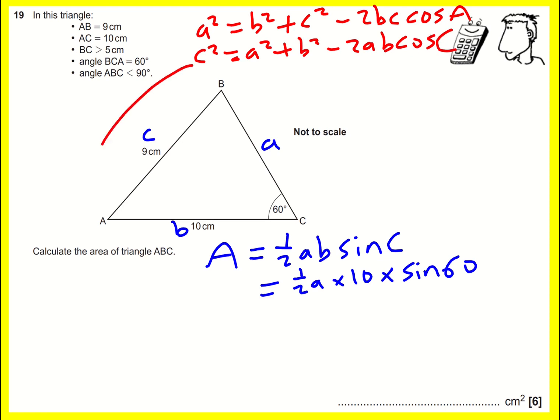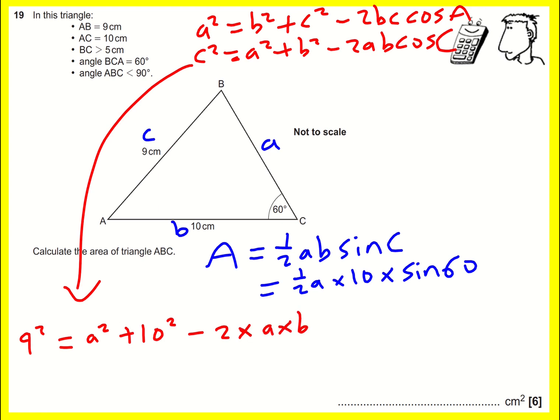So this is what I'm going to be using down here. Okay, so I can write down that 9 squared equals a squared plus 10 squared minus 2 times a times 10 cos 60. I don't know why I wrote b there, I should have replaced that b by 10, sorry.